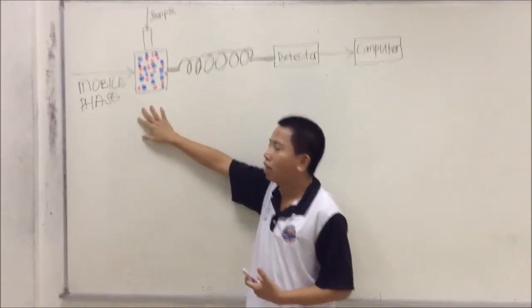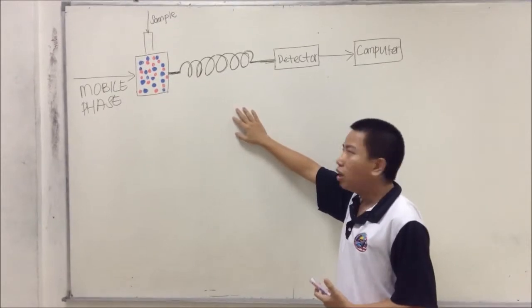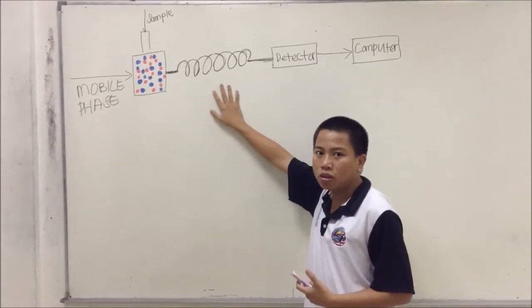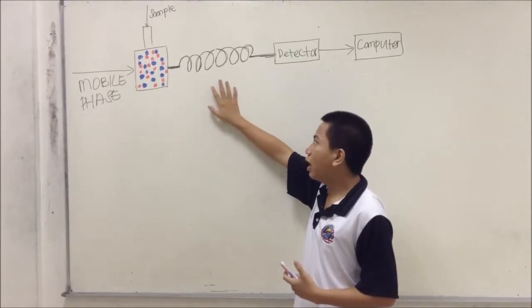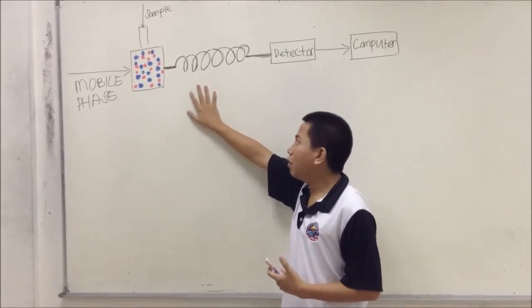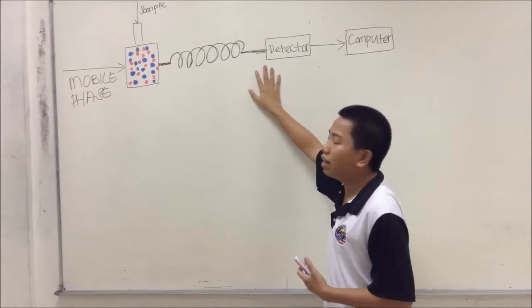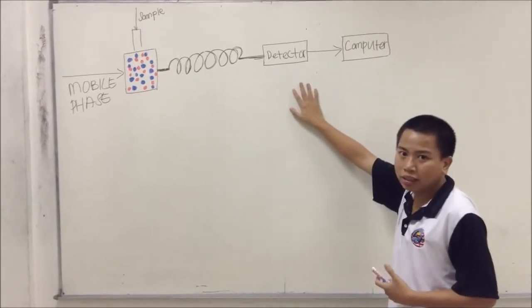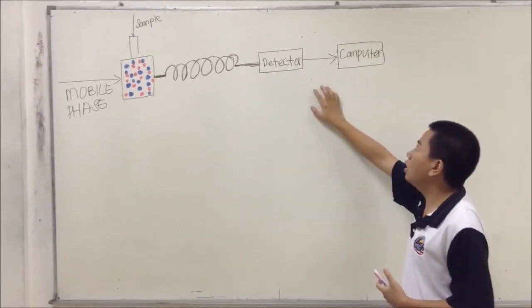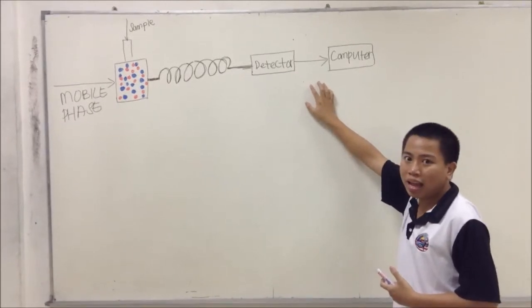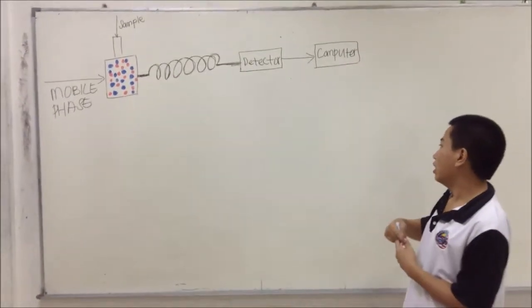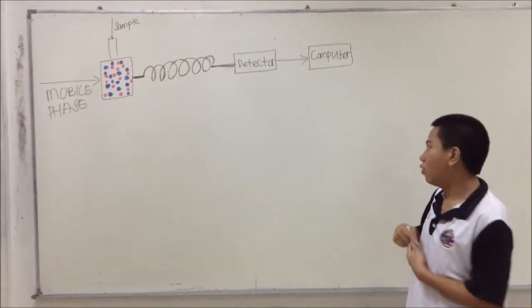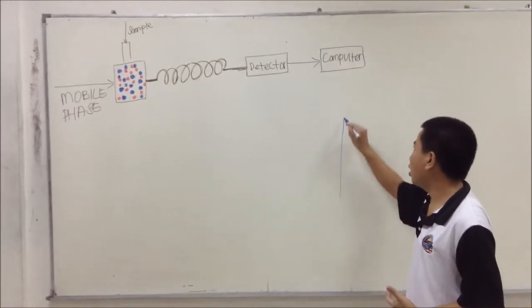Once the analyte is pushed into the box, it will stay inside the box and vaporize at a particular time. When it vaporizes, it will send a signal to the detector, and the detector will interpret the data and send it to the computer, and the computer will represent it in terms of a graph, which is shown like this.